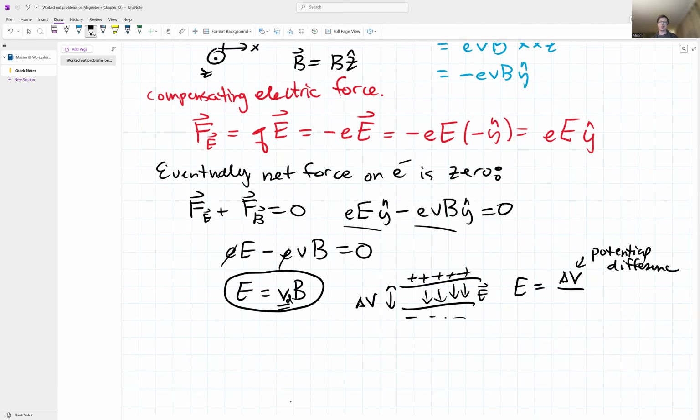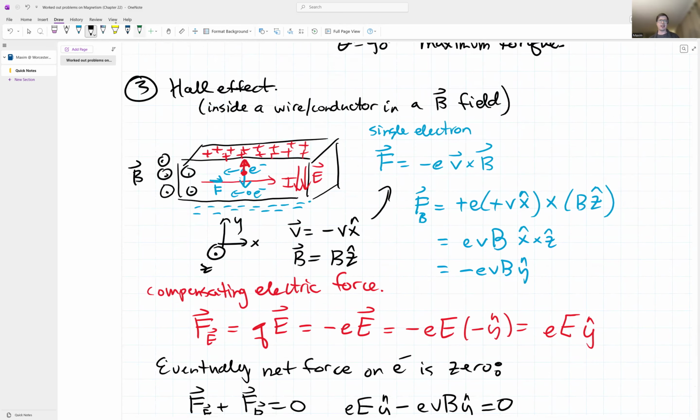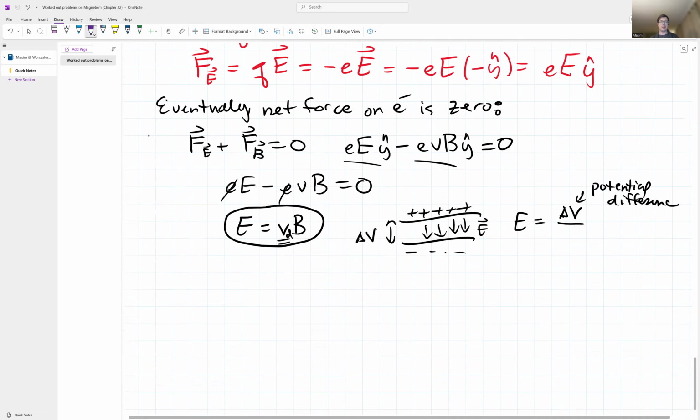So if we go back here, let's define the distance between the top and bottom of this conductor. You're running out of colors in here, but maybe this one. Okay, so we define this distance as d. Then the electric field magnitude is just the potential that develops, delta V, divided by d.